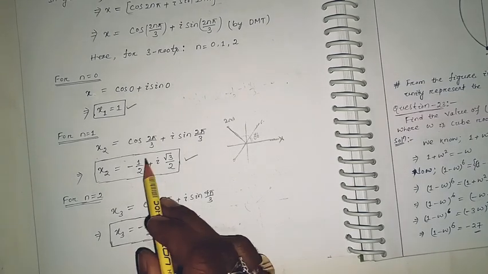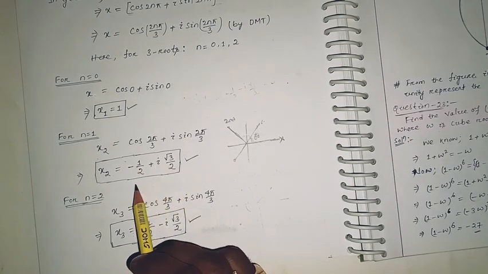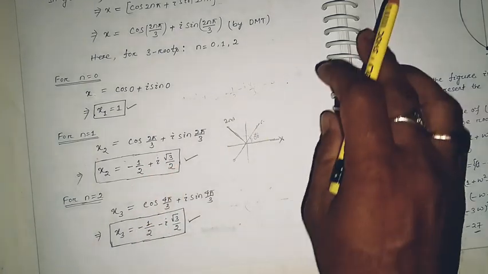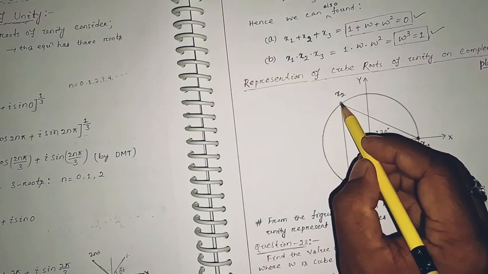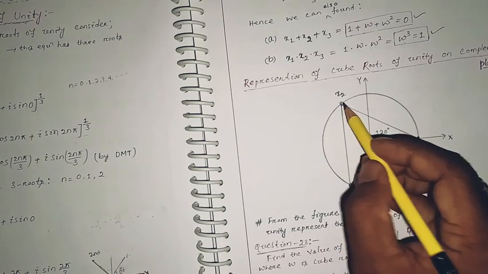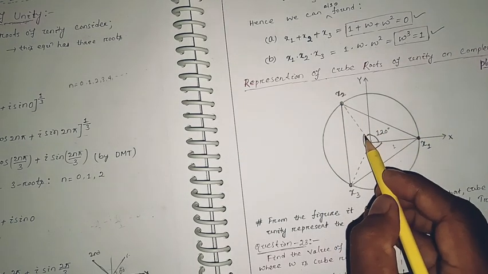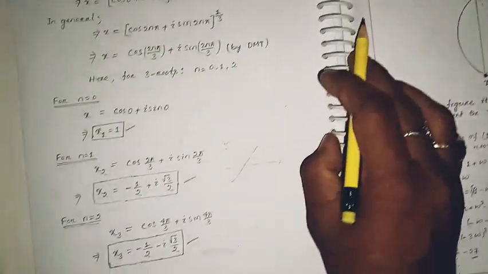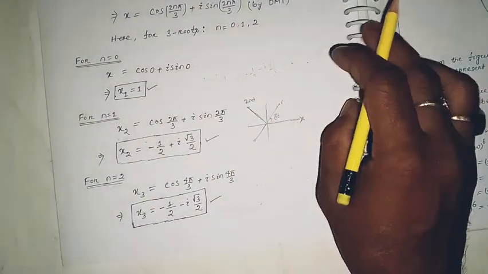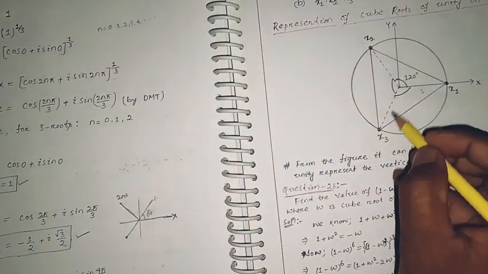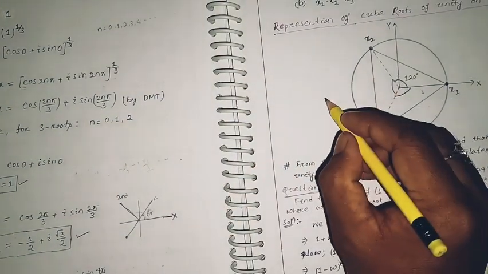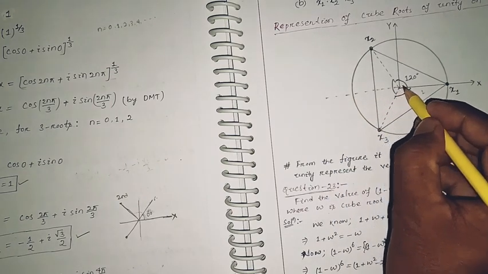That means the real part and imaginary part lie in the second quadrant. So the second root will be here, in the second quadrant, and it will make an angle of 120 degrees with the x-axis, right? For the third root, both the values are negative, that means it will lie in the third quadrant. It will be better if I extend this x-axis, positive real axis.